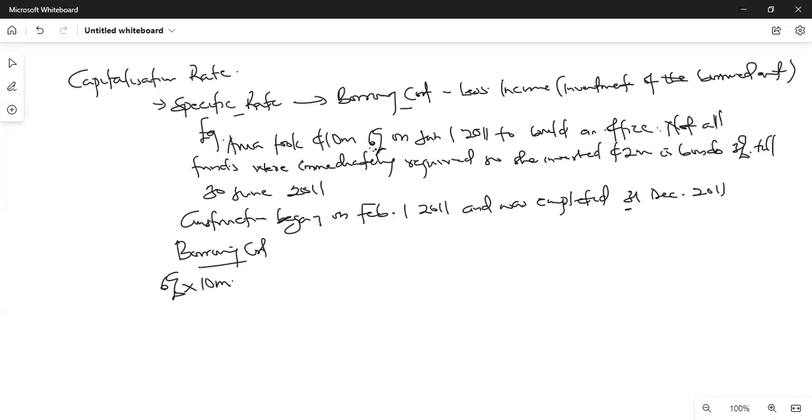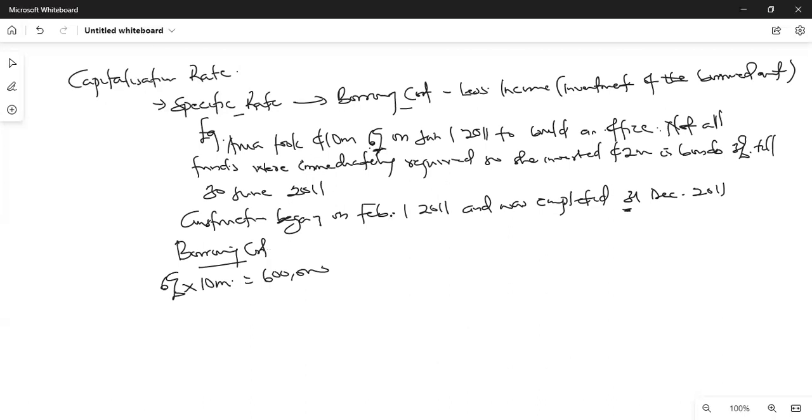Remember, the timing of borrowing has to always be checked. It has to always be checked. Now, this will mean that we will have 600,000 cedis.